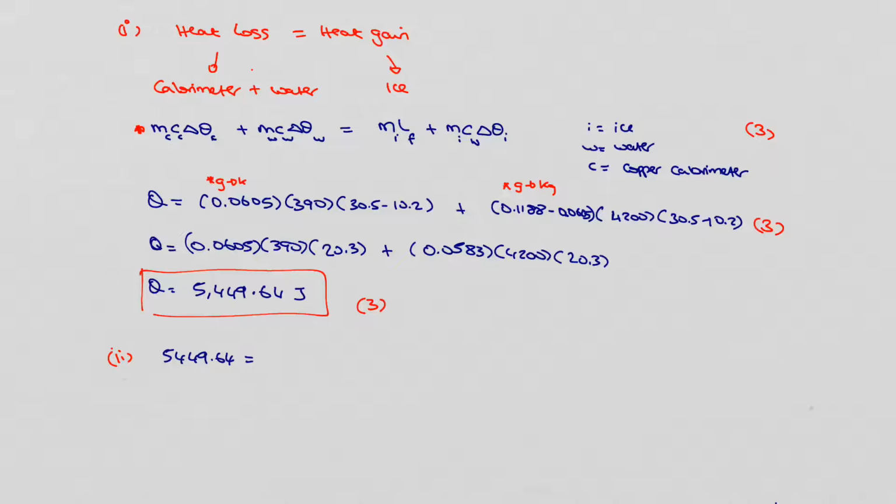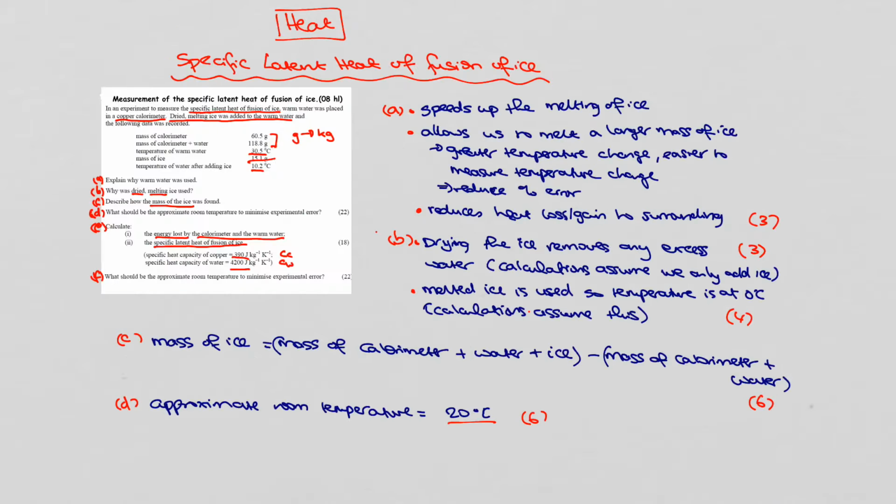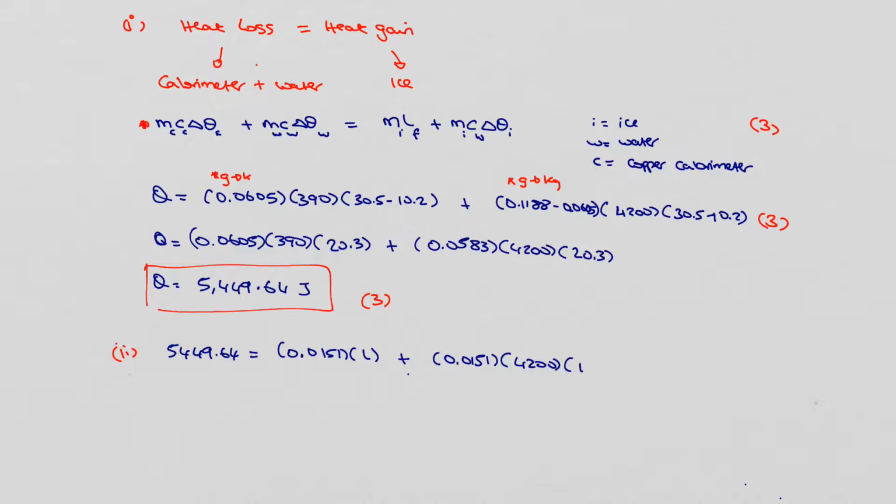So we need to divide 15.1 by 1,000, which gives us 0.0151, times L, which is what I'm looking for, plus our mass of our ice, 0.0151, times our specific heat capacity for water, which is 4,200, times the change in temperature for our ice. So again, ice starts at 0, and the final temperature is 10.2. So we have 10.2 minus 0 for our change in temperature.